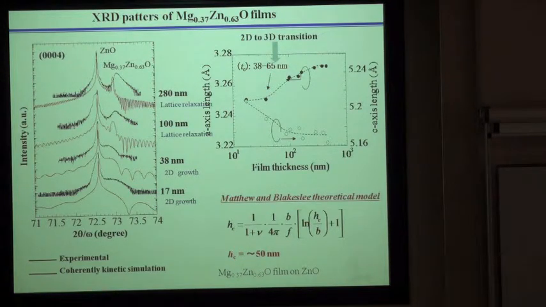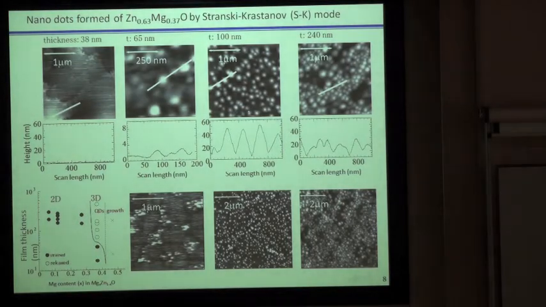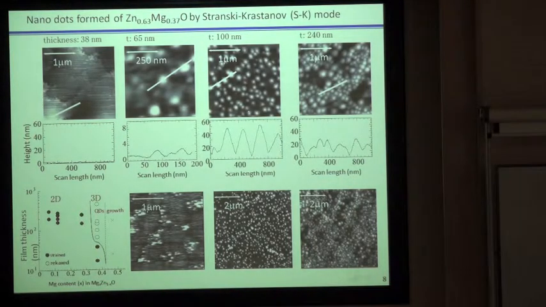Following the well-known Matthews theory model, we can estimate that the critical thickness is around 50 nanometers in the case of zinc oxide and magnesium zinc oxide in this composition.